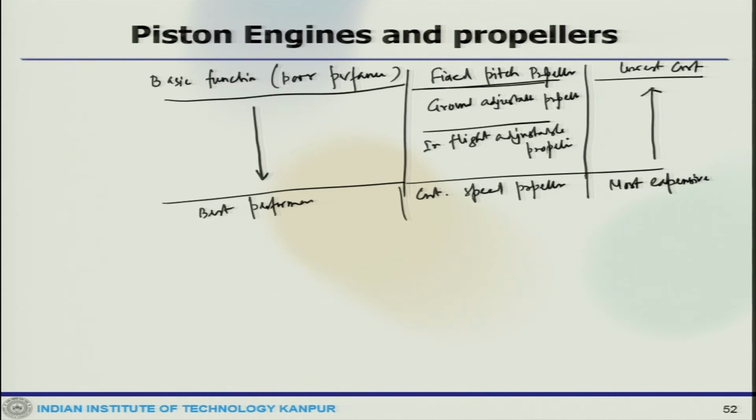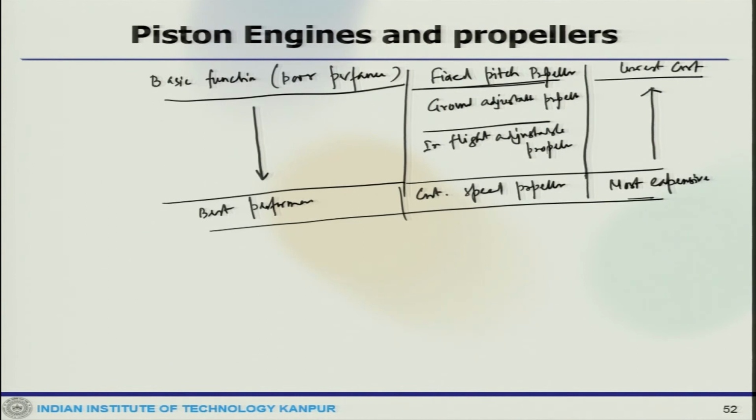So, as we move towards constant speed, we can see the performance improves, but at the same time this is probably the most expensive. So, this gives you an idea about the comparison of these propellers.